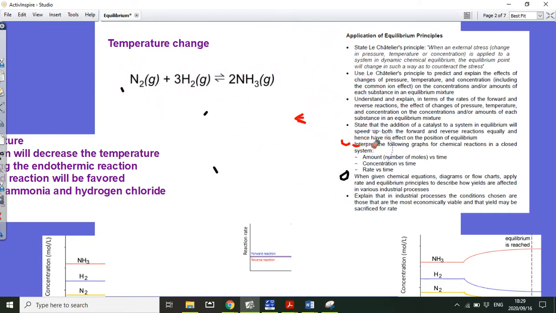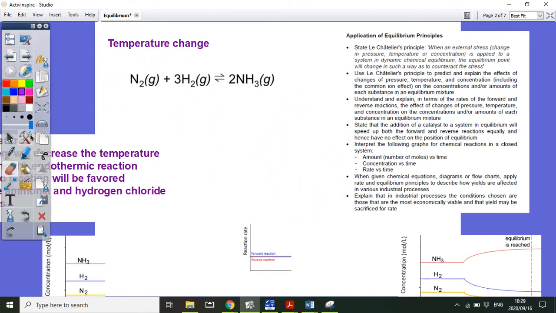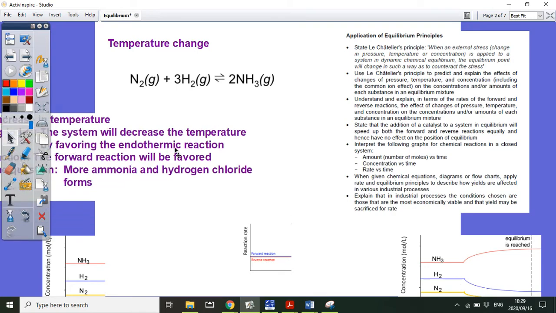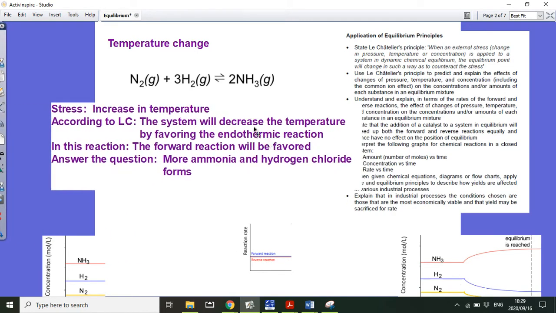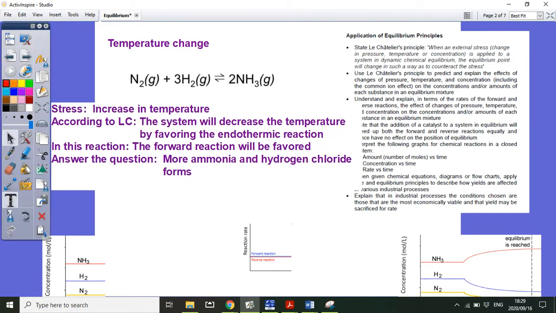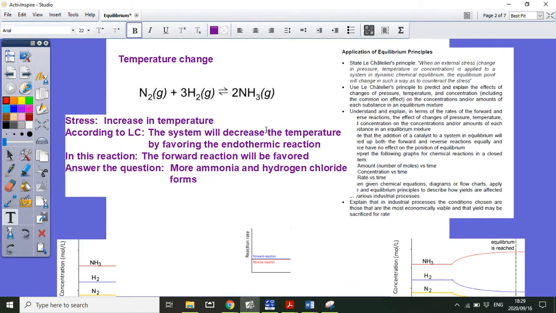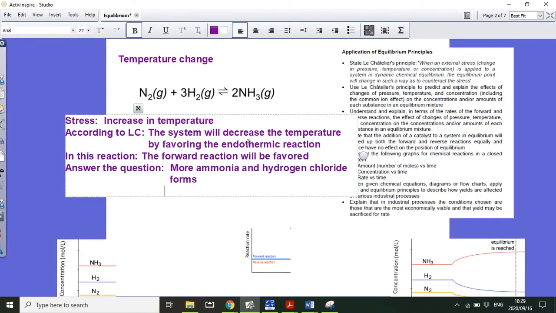So the answers that I typed here was for a previous question, but I'm just going to quickly adjust it. So if we look at this one, if we have an increase in temperature here, so the system will decrease the temperature, yes, by favoring the endothermic reaction.